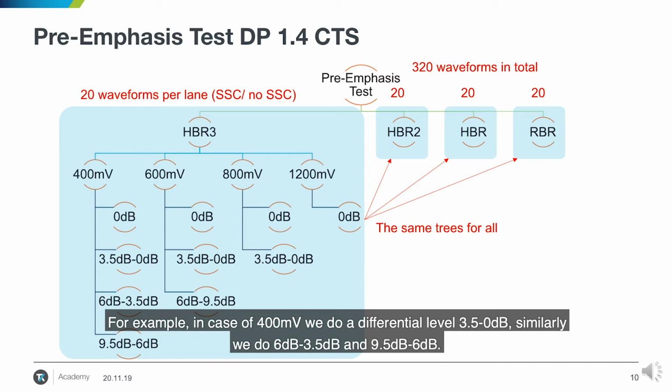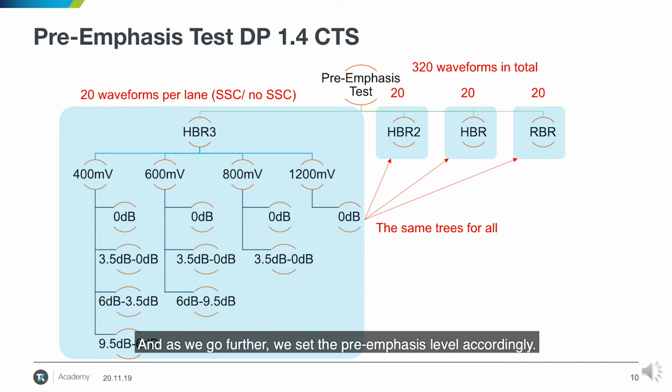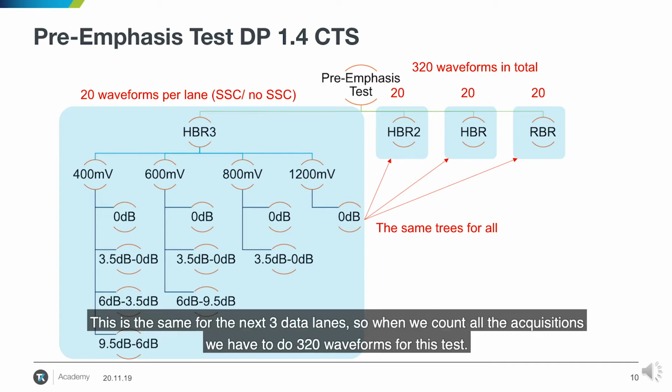Similarly, we do between 6 dB and 3.5 dB and 9.5 and 6 dB. And as we go further, we set the pre-emphasis level accordingly. This is the same for the next 3 data rates. So when we count all the acquisitions, we have to do 320 waveforms for this test.